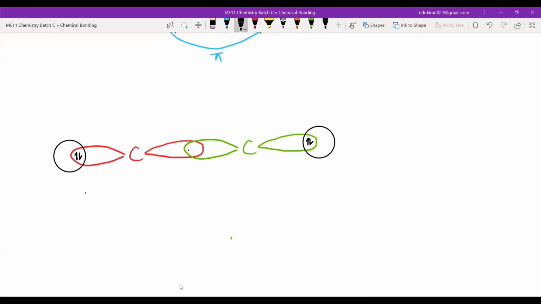Okay, and then we'll have one electron pair here. Now we have p orbitals. I'm making the p orbitals with two different colors. So this is one p. Another p.